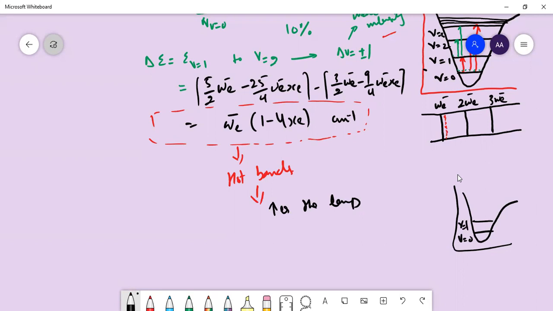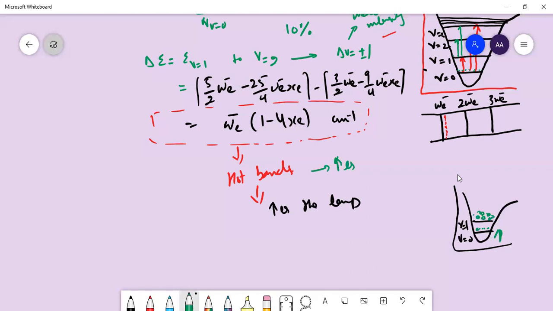Or I can say, if you increase the temperature of this system, the kinetic energy of the molecule increases, and some molecules from your ground state will be excited to your first excited state. And we know that the intensity is directly proportional to the population. If you increase the temperature, the intensity of the hot band also increases.